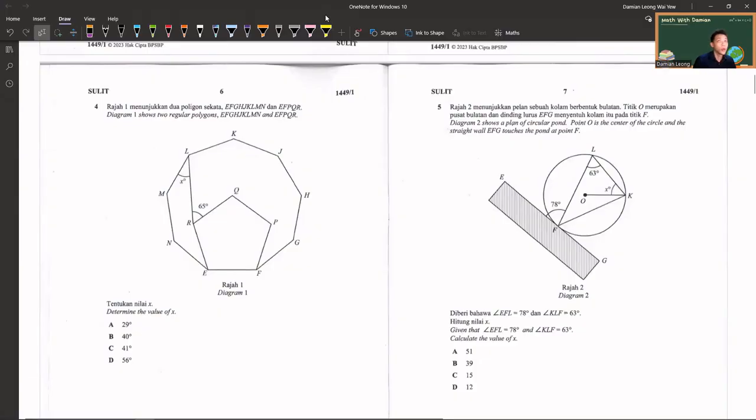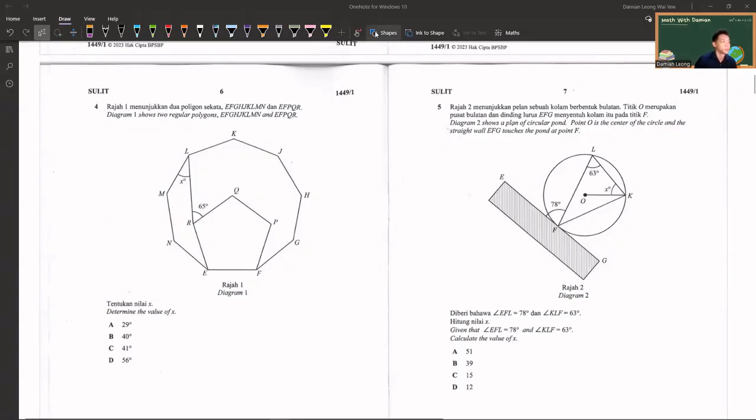So look at question 4. This question we have polygons. Okay, polygon. So polygon we need to look at the sum of interior angles, hasil tambah sudut pedalaman bagi polygon ini.